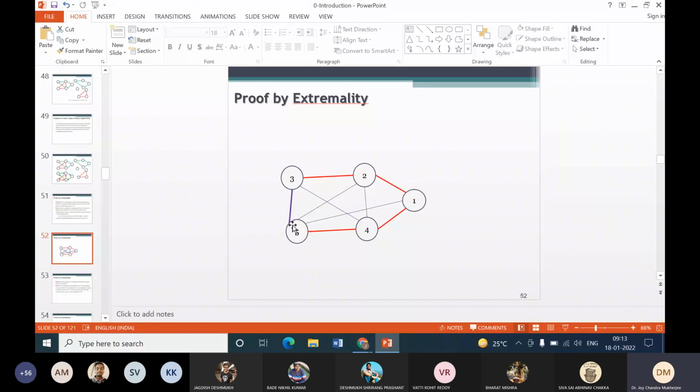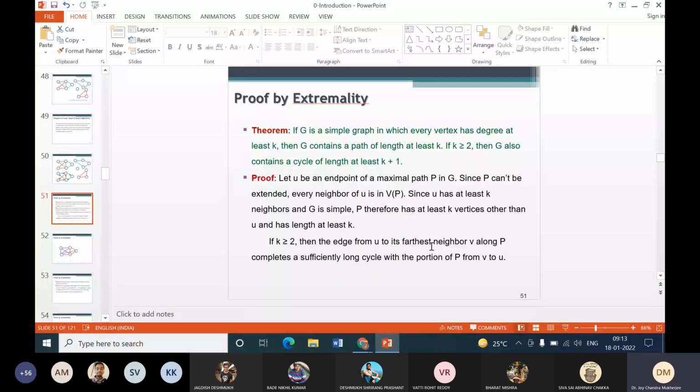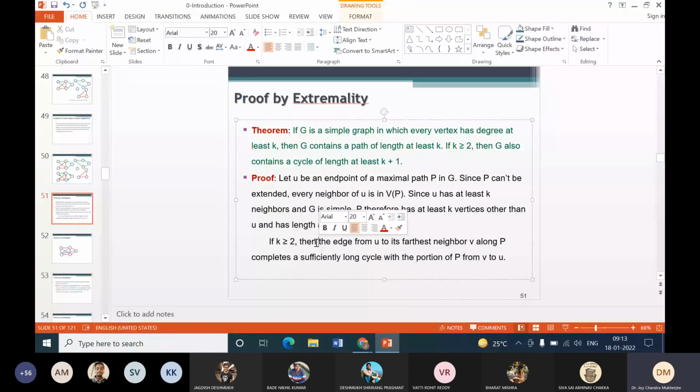Basically, if you add the edge from u to its farthest neighbor v along this path, it will give you a sufficiently long cycle of length at least k plus 1.